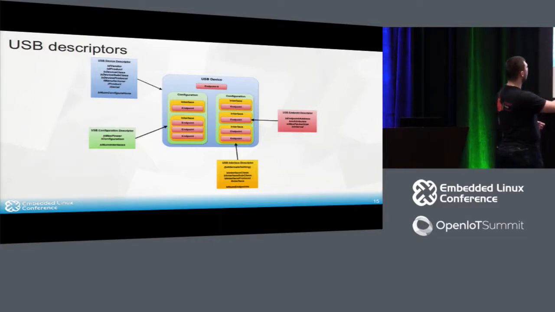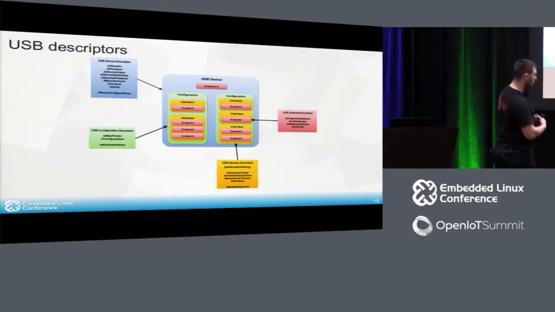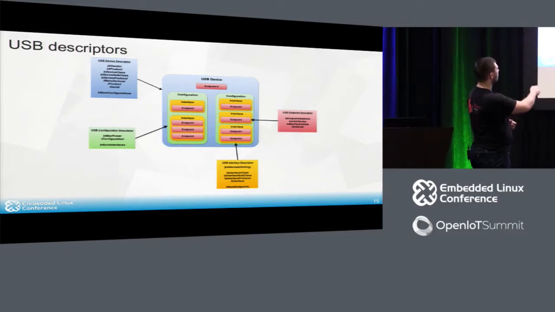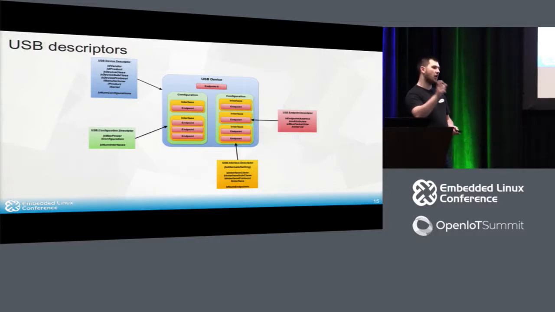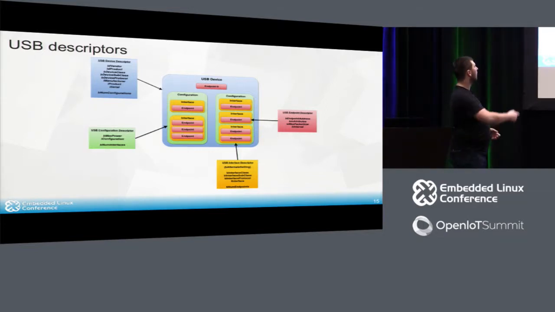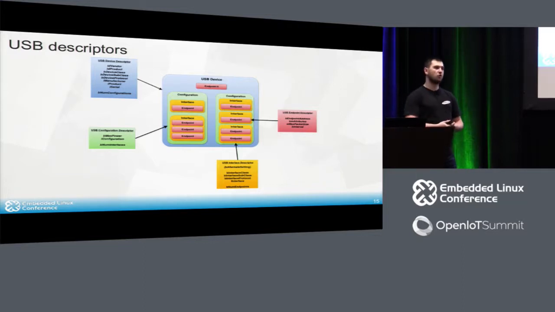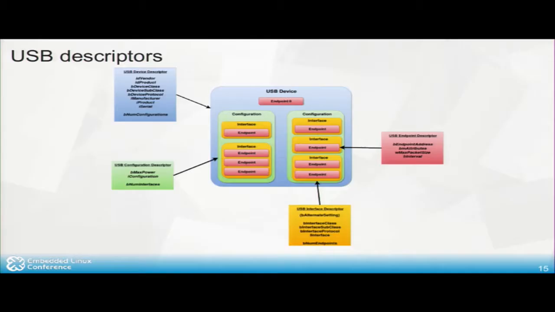First of all, we have the descriptor for our USB device as a whole. The first important fields are ID vendor and ID product. The ID vendor is the identification number which is assigned by the USB organization to the manufacturer of this device. ID product is the identification number of the product which is assigned by the manufacturer.